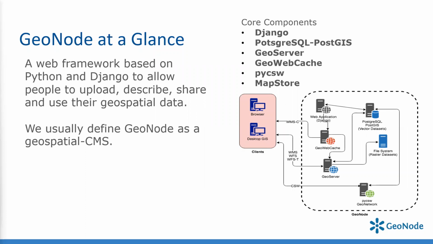We usually define GeoNode as a geospatial content management system because one of the main goals of GeoNode is to allow people interacting with the contents of the catalog completely through the browser interface, through the web interface. And also another main goal of GeoNode is to try to make all those things easy to use, even for non-GIS expert users.